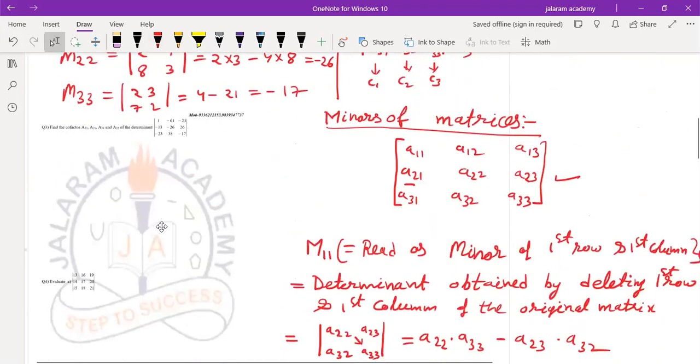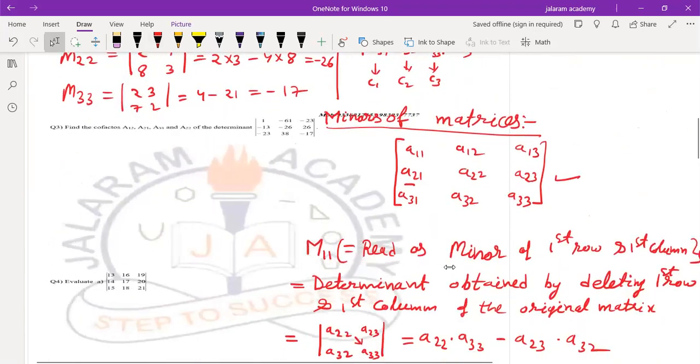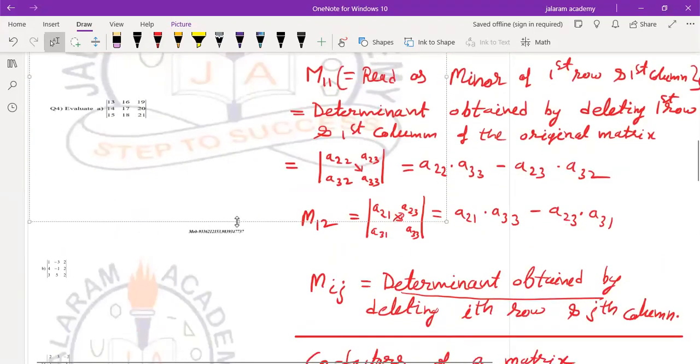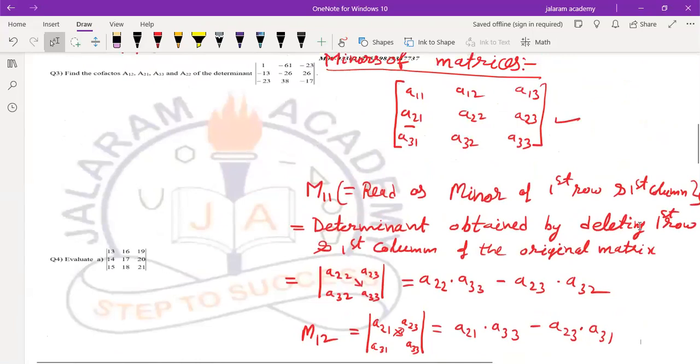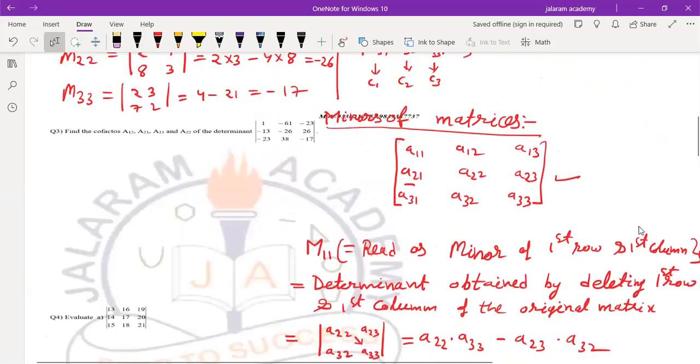In question number 3 of this sheet, you have to find the cofactors A12, A21, A23 and A31. Hope you will find them. So how to find them? First of all, find A12. So how will you find A12?